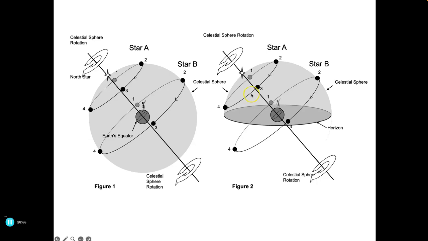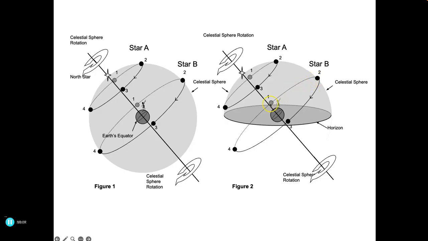All right, let me say that again. This star A goes around the celestial pole once a day, but it never crosses the horizon. So it's always up in the sky, all day long and all night long.